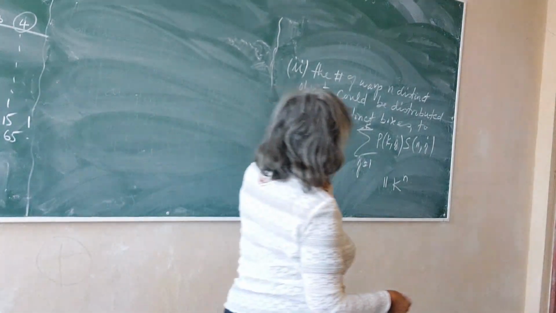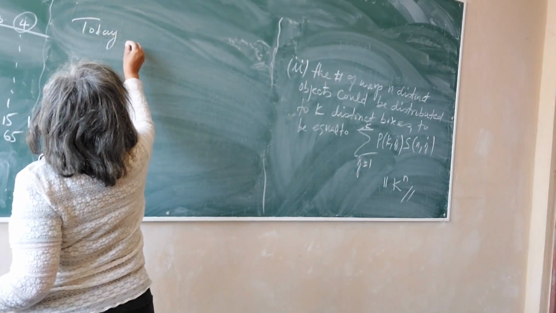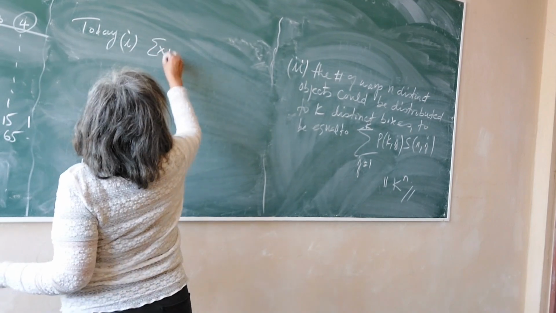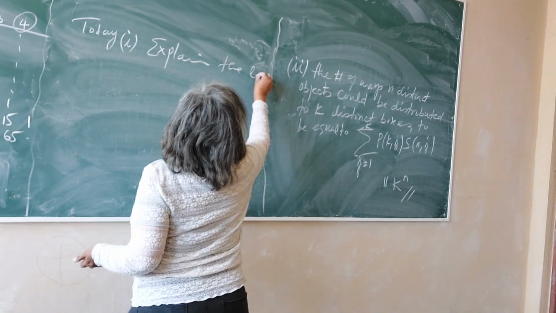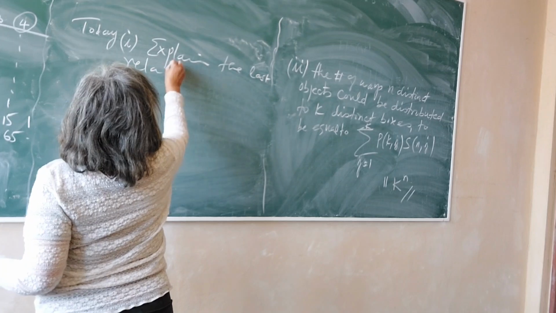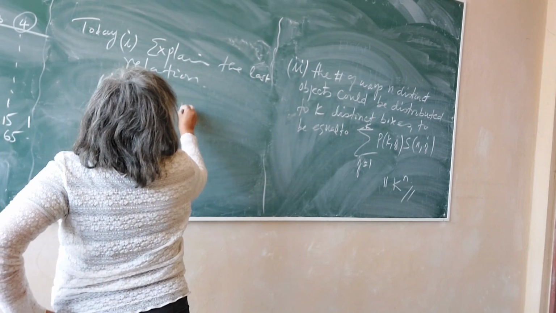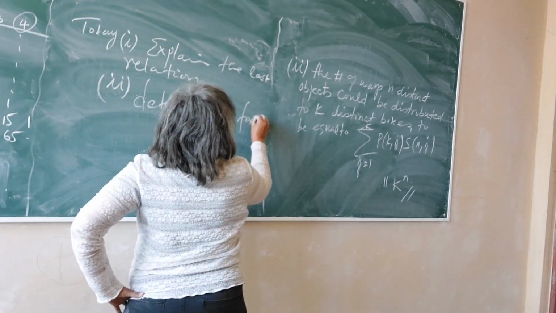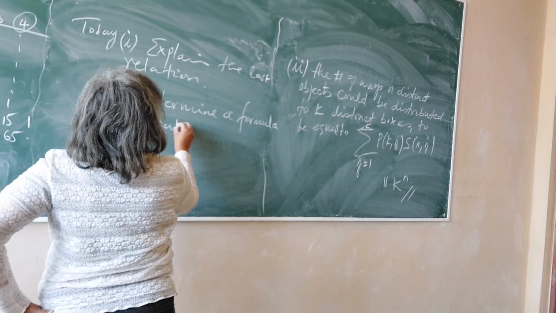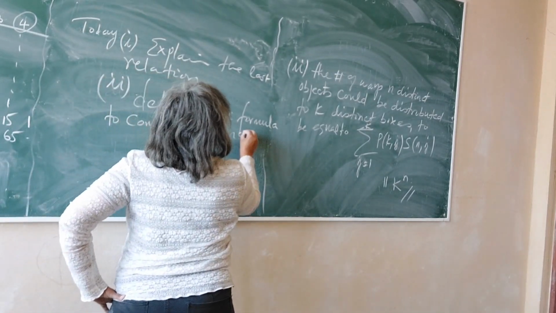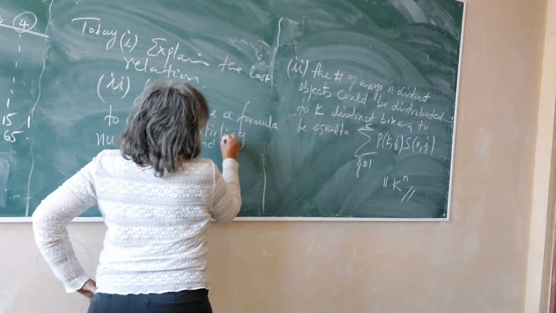simple to explain. Okay, so the first thing I'm going to do today is one, explain why that equality, that last relation we have, and the second one is determine the formula to compute Stirling numbers of the second kind.